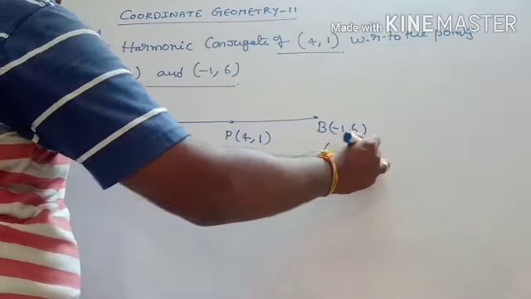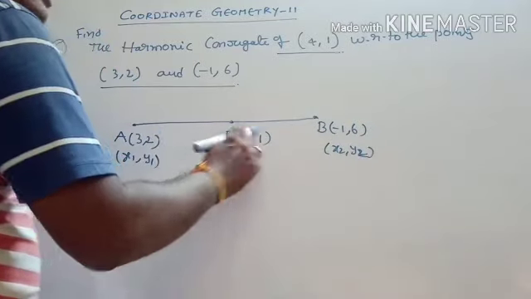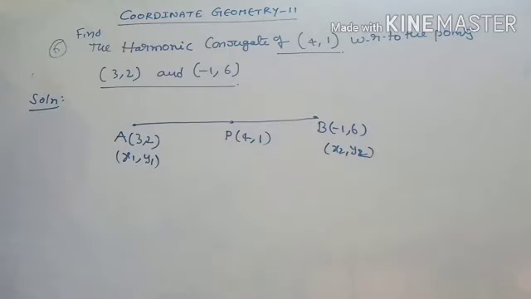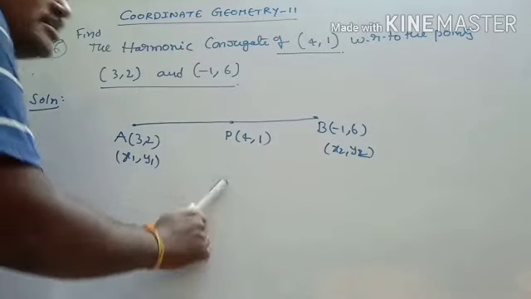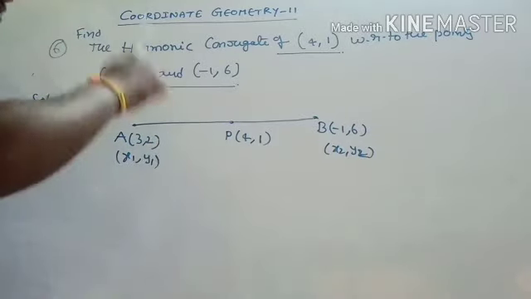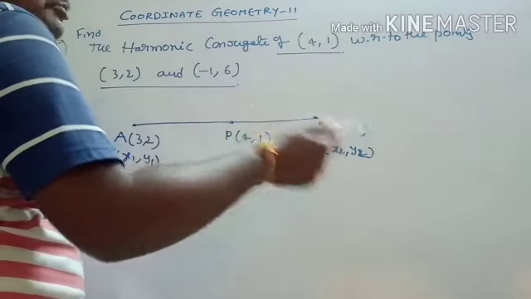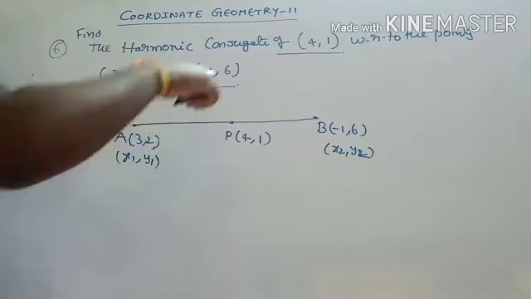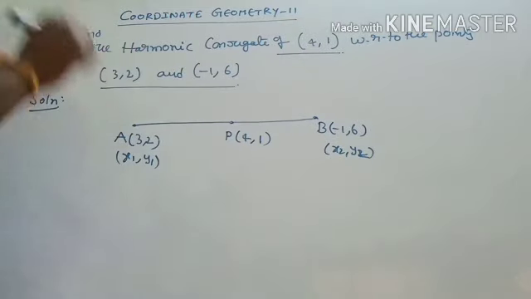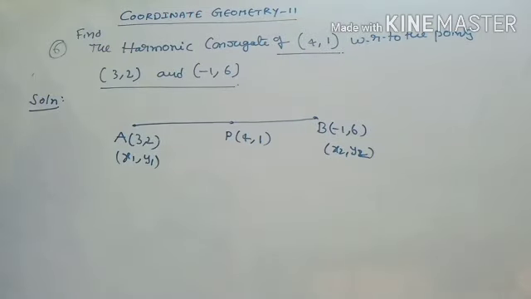We don't know whether this is an internal division point or an external division point. If the ratio is positive, the point is going to be an internal division, and if you get the ratio as negative, then it is the point which is present on the extended line segment of AB, right?